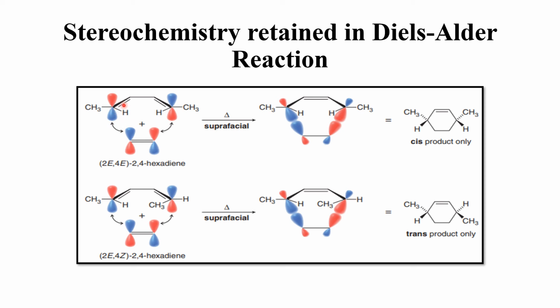And see here how many bonds are there? Here it is an odd number of bonds, 2 plus 1, 3 pi bonds. Here also 3 pi bonds are there. And here the CH3, this is E and Z. Here E is there, so we will get the cis product. E and Z trans is there, so we will get the trans product. So according to that, the stereochemistry is also retained.